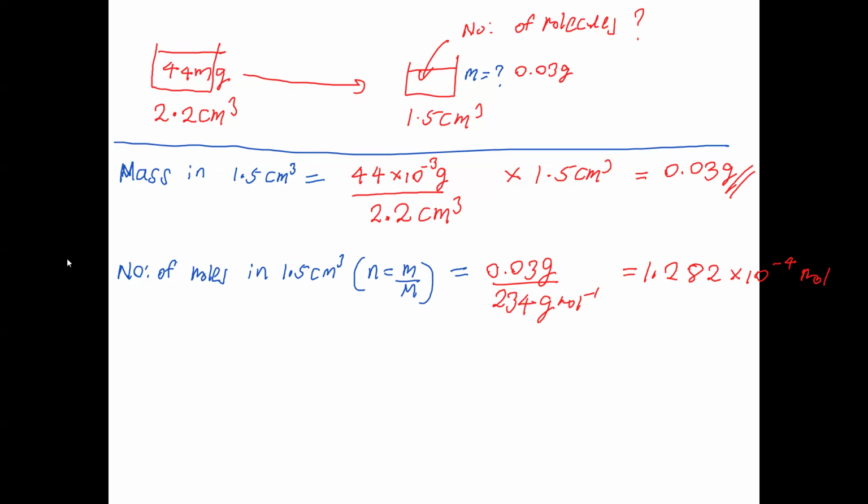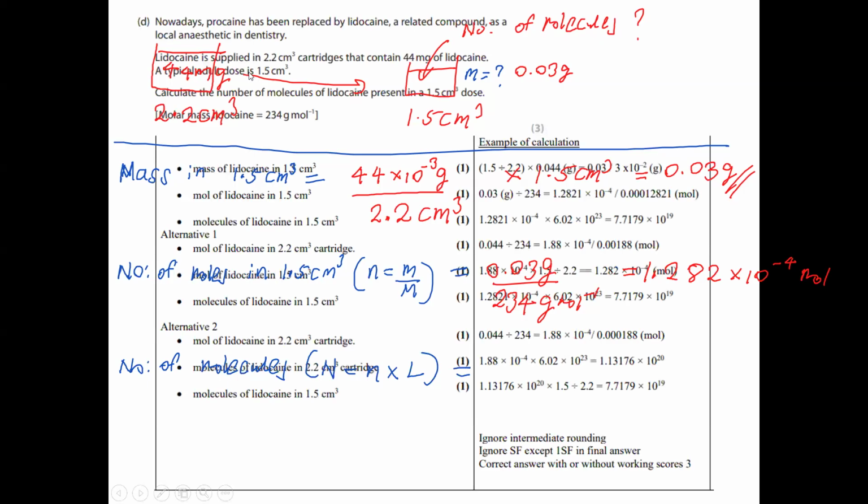Then they're asking not the number of moles, they're asking the number of molecules. Now we'll find the number of molecules. It's a very basic equation: number of molecules equals number of moles times Avogadro's constant. The Avogadro constant is not given to us, so we'll use 6.02 times 10 to the power 23.